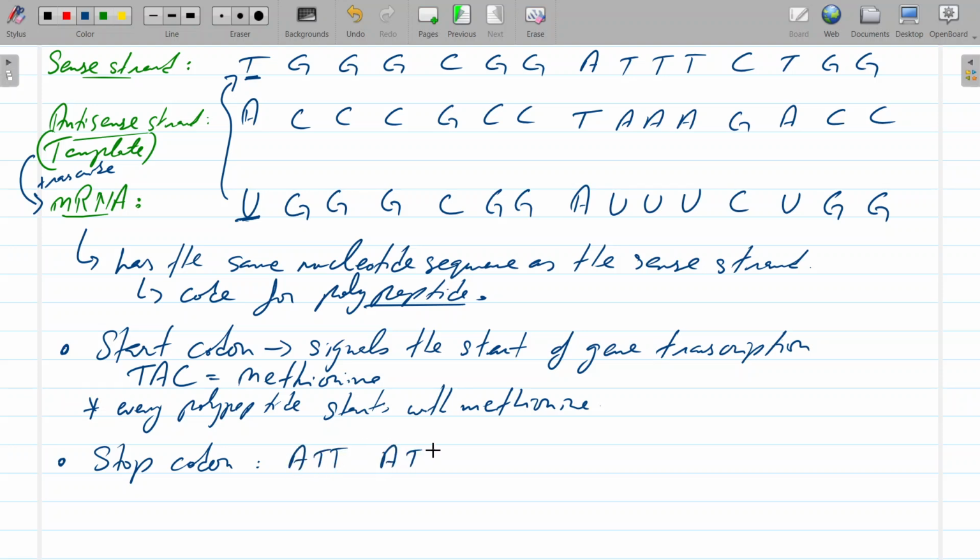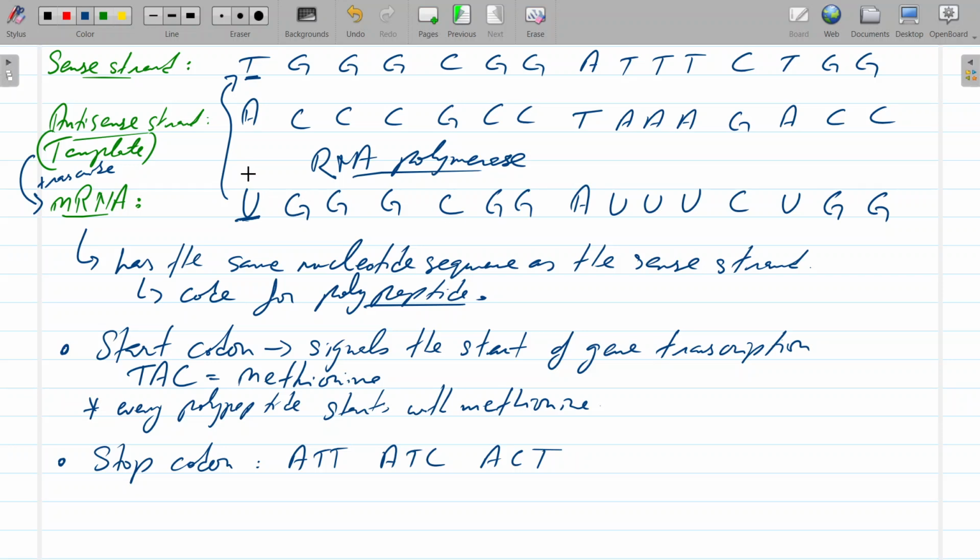ATT, ATC, and ACT, right? And these guys are stop codons, and when the RNA polymerase on the DNA reaches the stop codon, then obviously it stops, because that's the whole point.